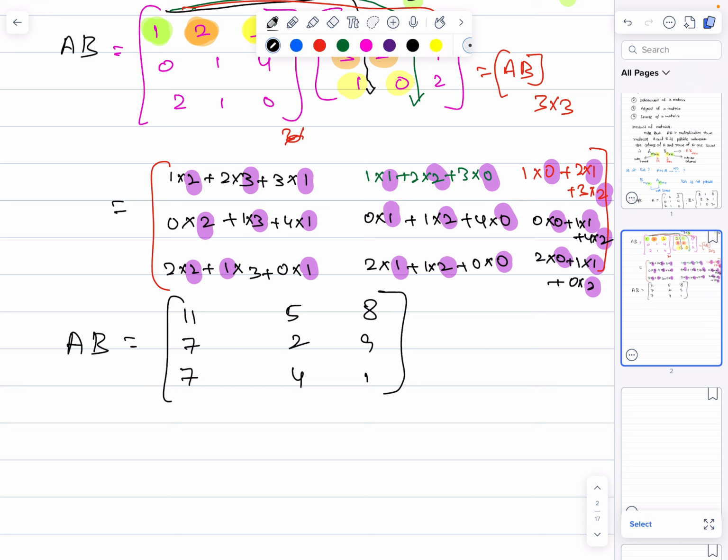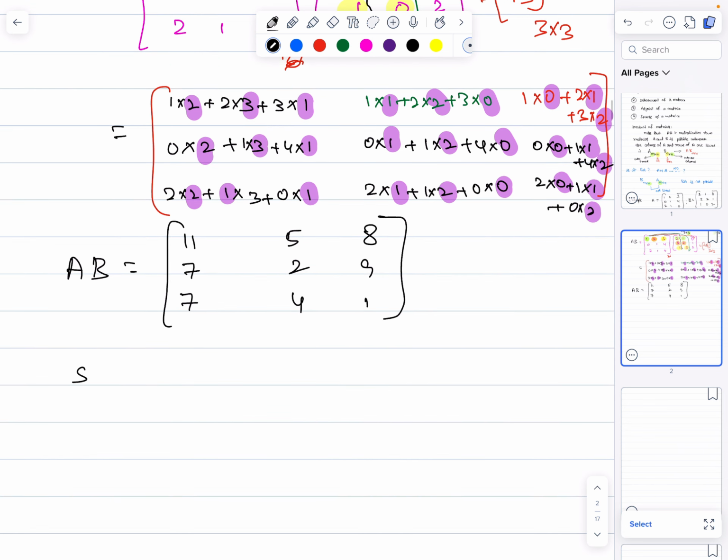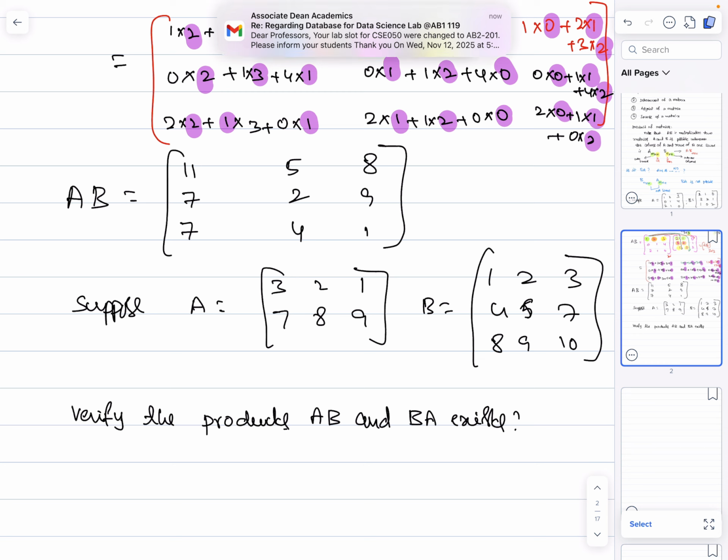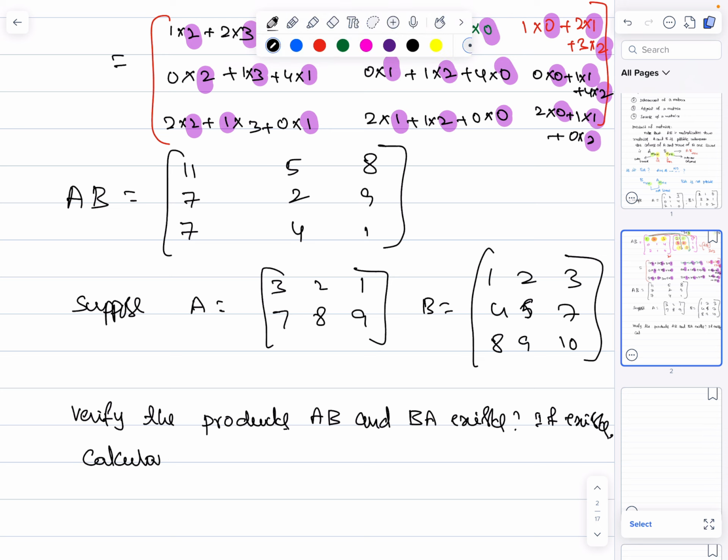Take one more example, that is A into B. Suppose, verify the products AB and BA exist. If they exist, calculate AB and BA.